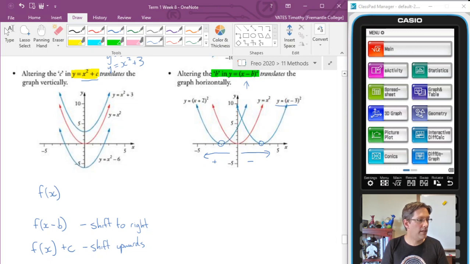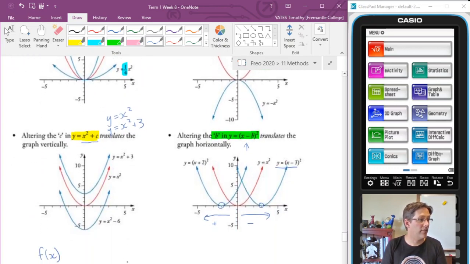We had our a of f of x. And this is shift upwards by c, shift to the right by b. This one does our shift, or not really a shift actually, what's the word they use?